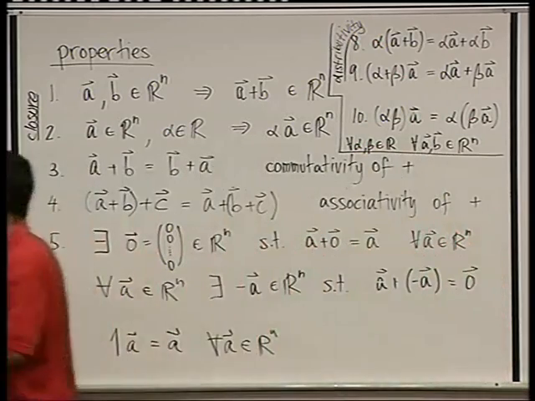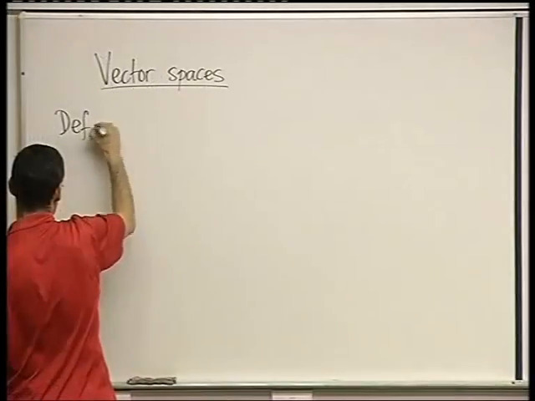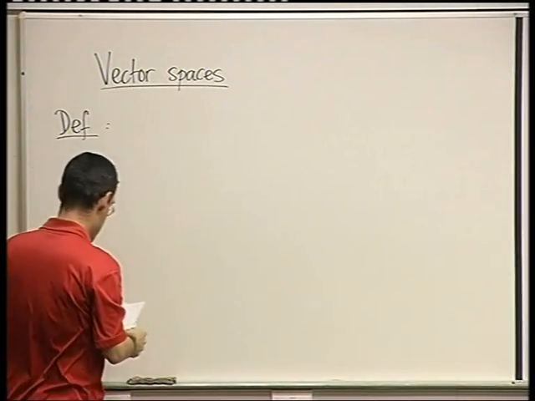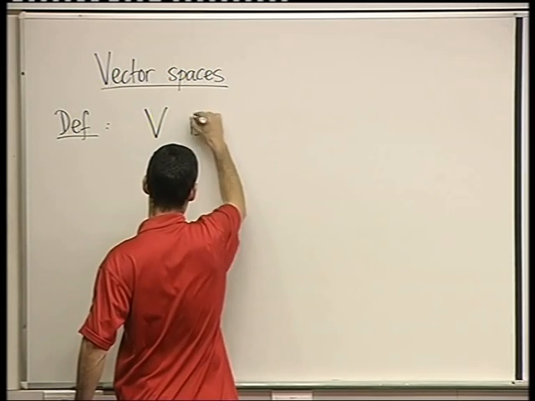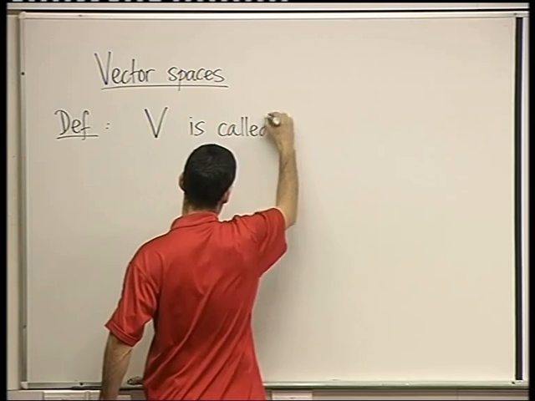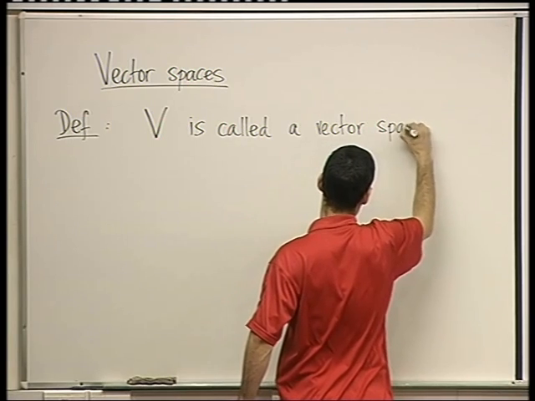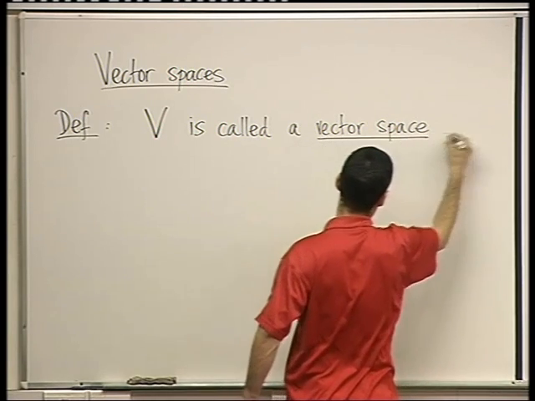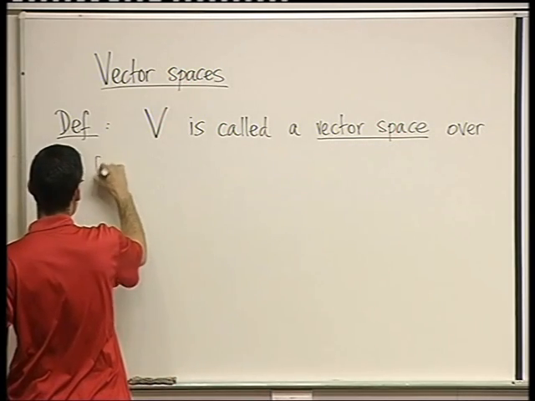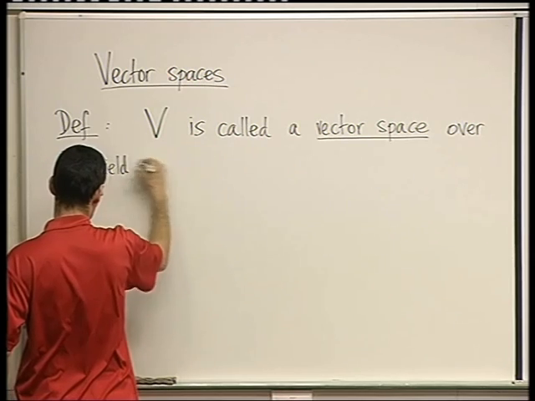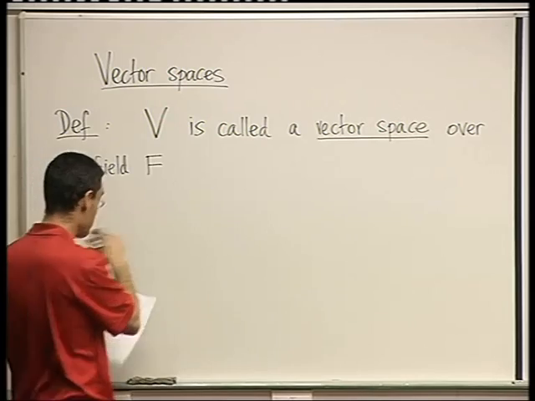So this is what I'm going to write now. I'm going to write the definition of a vector space. Okay? V is called a vector space over, that's the term we usually use, over a field F. F is going to be our field.